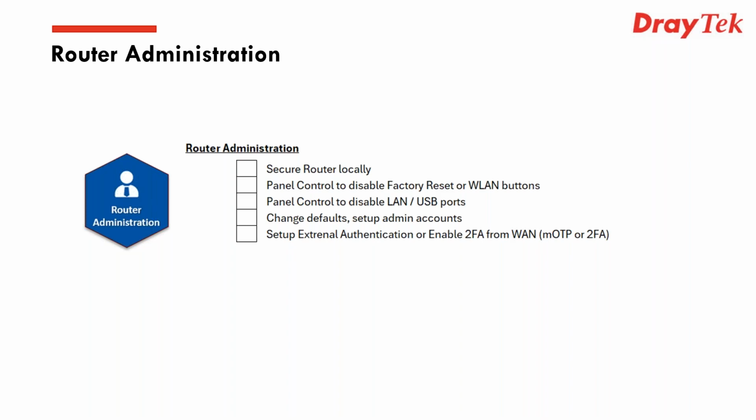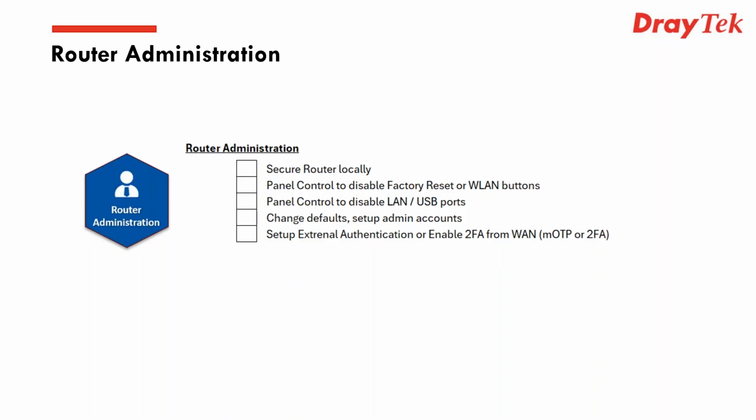Related to that is also whether or not you enable panel controls, because in some cases the router, due to the nature of where it's being installed, may be accessible to staff, and in that case there may be some panel controls that want to be set, because with the panel control you can disable the factory reset or disable the wireless LAN buttons.